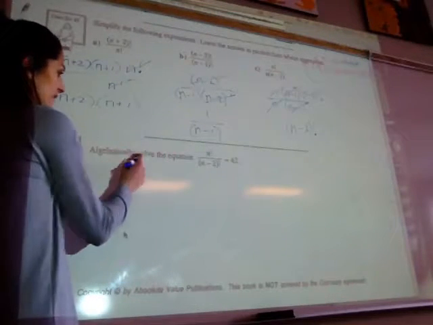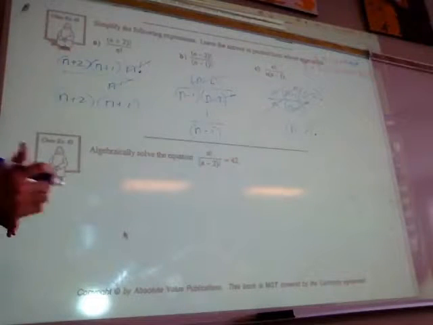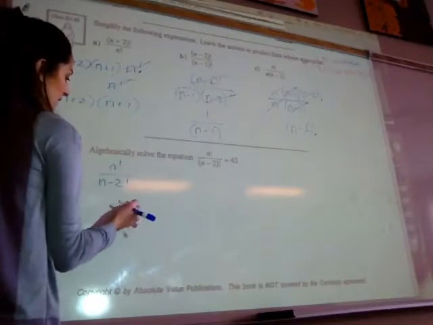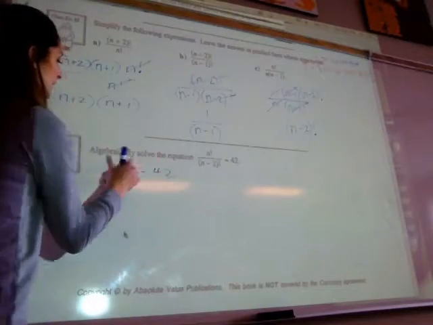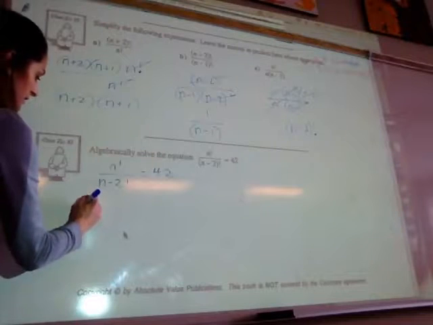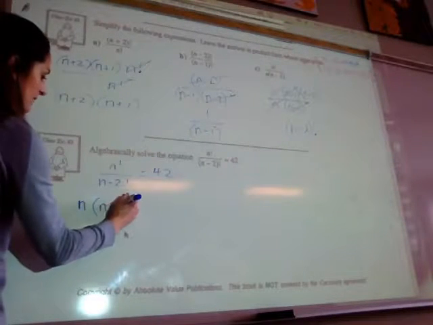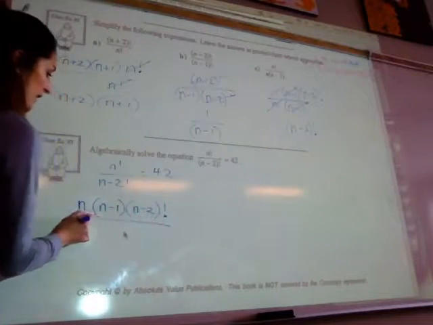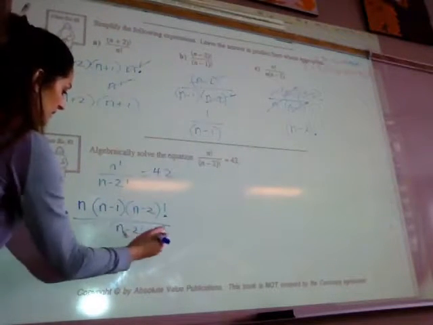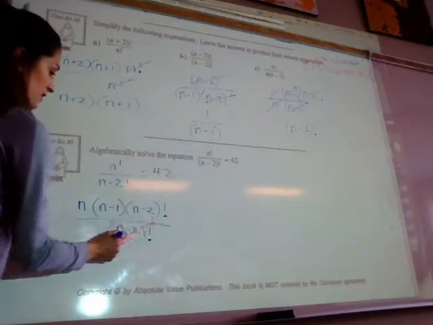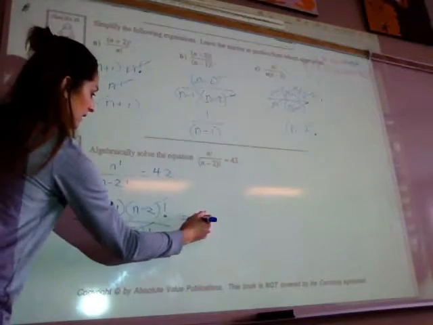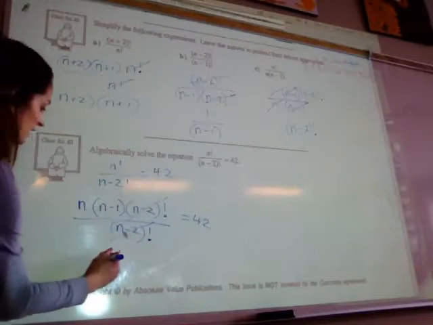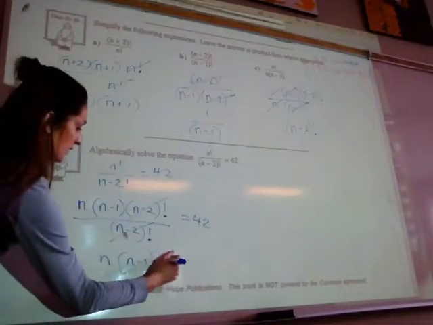Let's break down the n so that we eventually get to n minus 2 factorial. n factorial can be simplified into n times n minus 1 times n minus 2 factorial, all divided by n minus 2 factorial. The n minus 2 factorials cancel out, and now we have two factors that equal 42: n times n minus 1 equals 42.